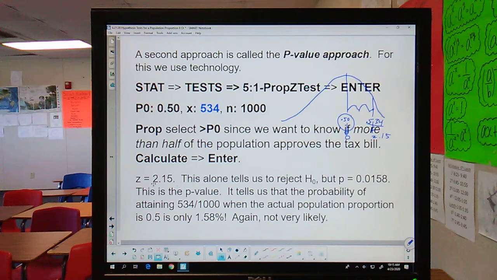So if the z-score is greater than 2, you're going to reject the null hypothesis that 50% are in favor of the bill.